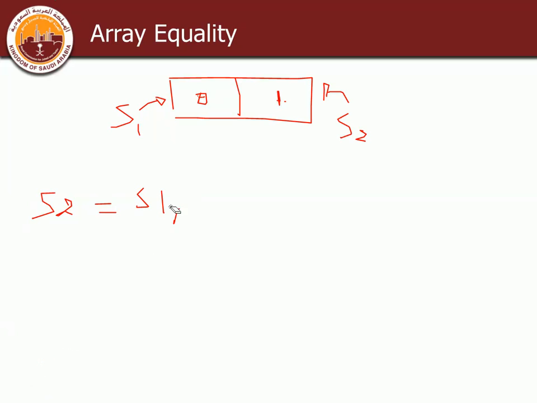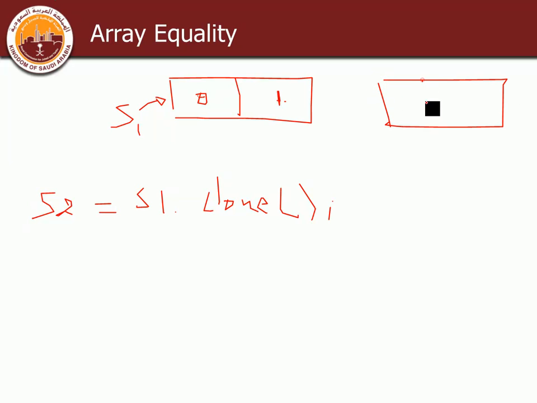now when I'm using clone, it will create another one. Dot clone. Anyways, imagine that this is clone. So now it is going to make another copy, another 0, another 1, and have S2 pointing to this place over here.